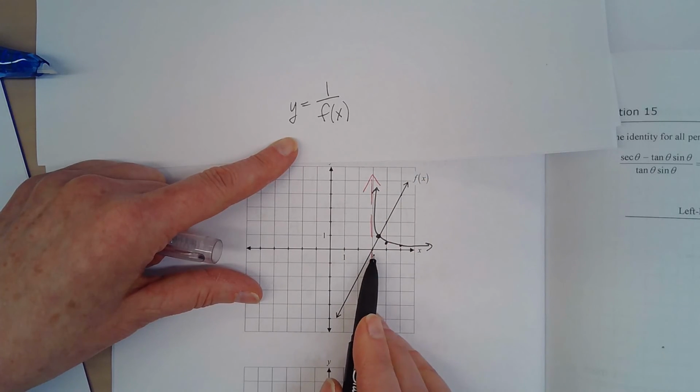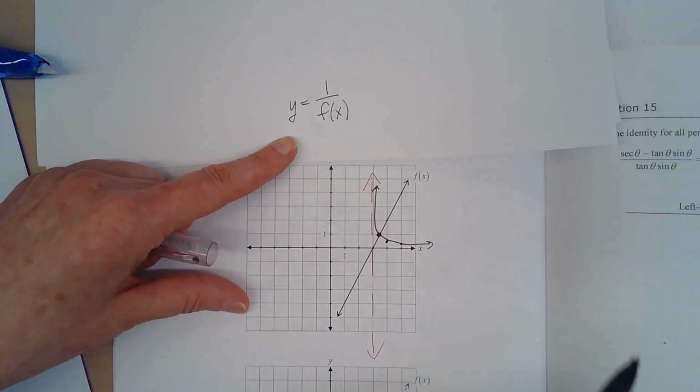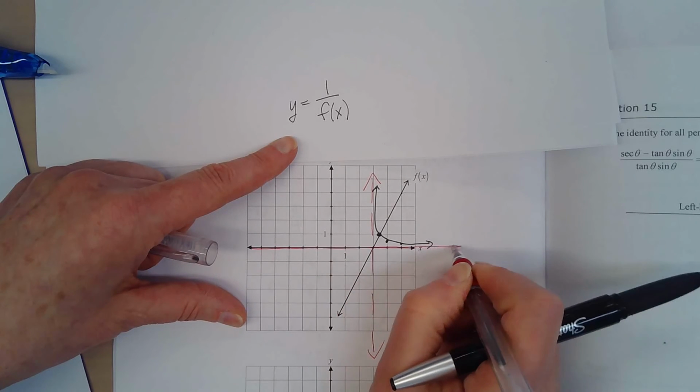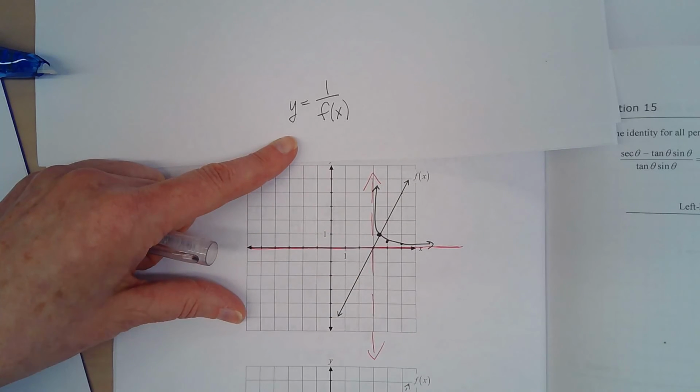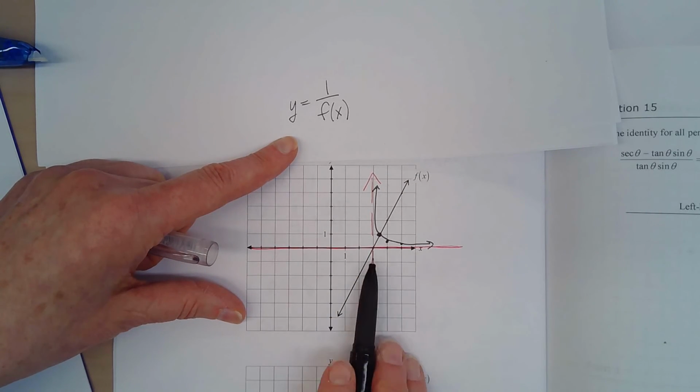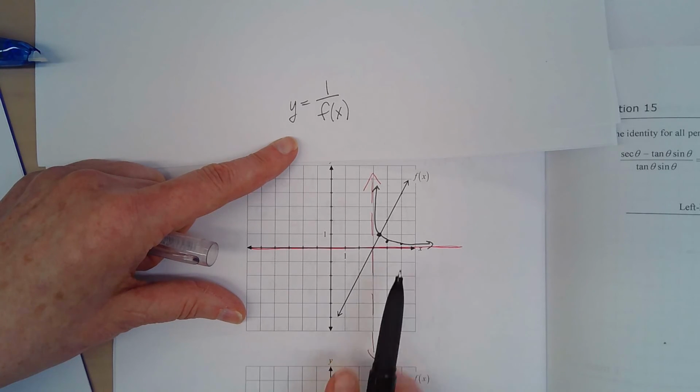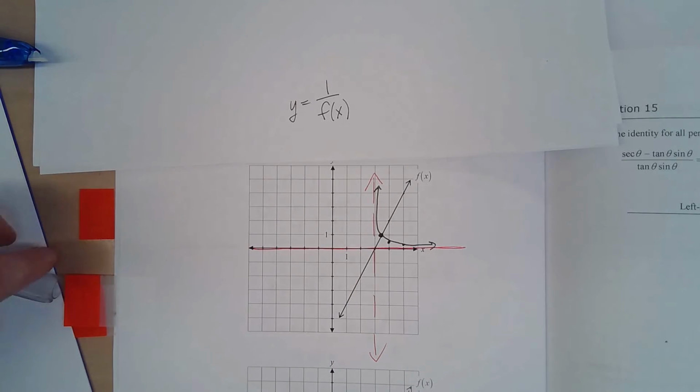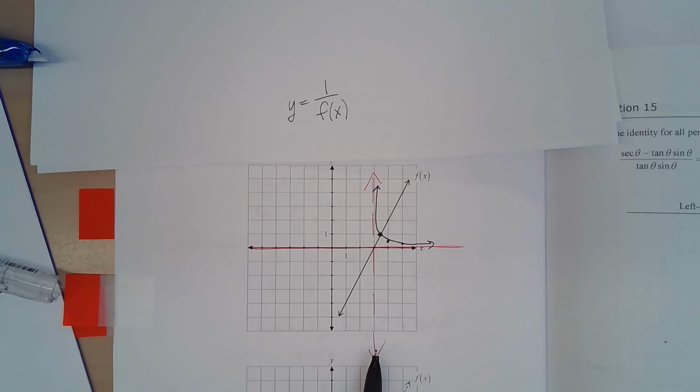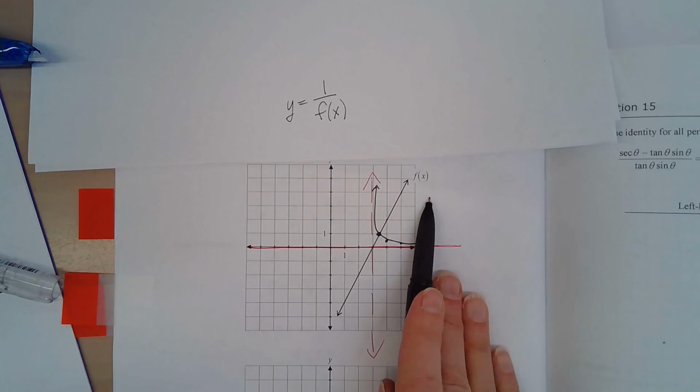And because I only have one x-intercept, that's going to be an asymptote too, because a vertical asymptote separates your graph into positive and negative sections, right? If I only have one vertical asymptote, one of my sections is positive, one's negative.